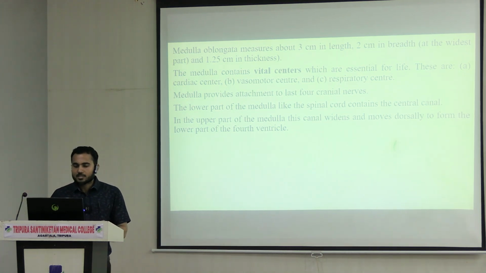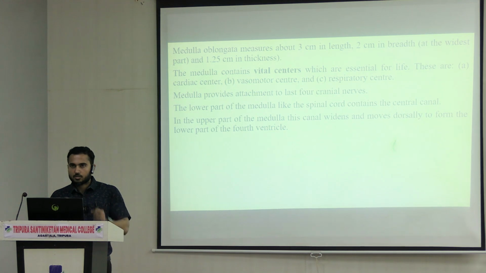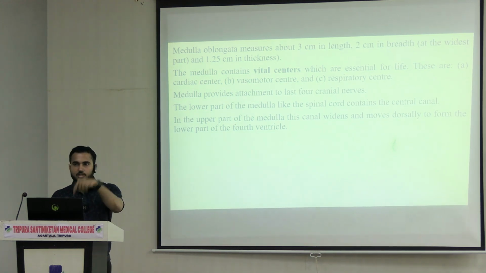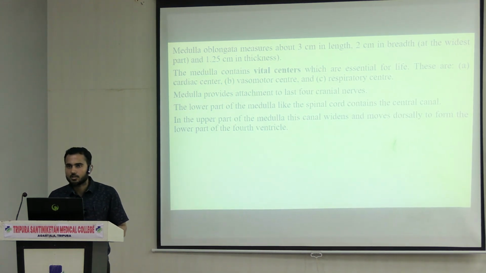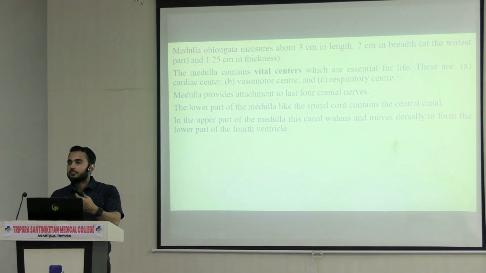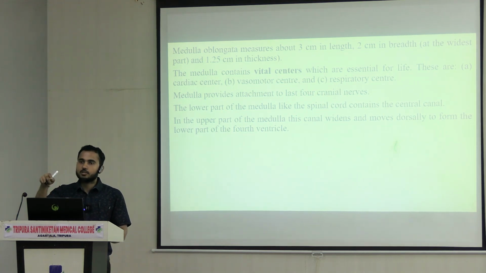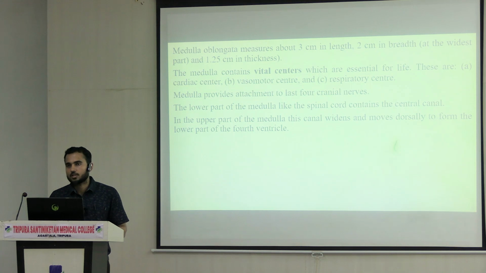Next, the lower part. If you see the lower part, it is continuing as spinal cord. Now, in the lower part of the medulla oblongata, the central canal is present, and that central canal will be continuing in the spinal cord.